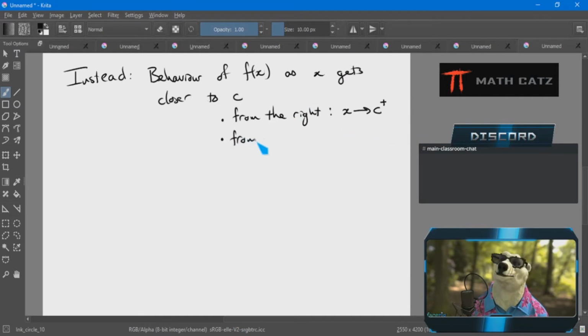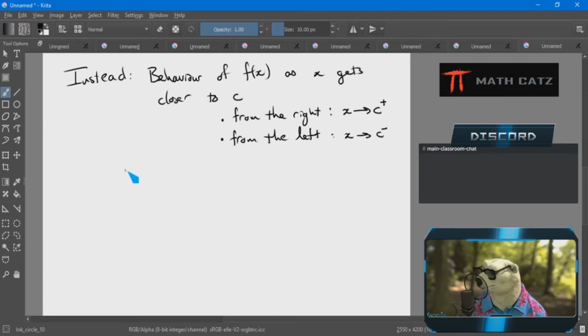And of course, then I can ask about the left side as well. So I'm just doing half of the requirement. And I'll put a little minus sign there at the top to indicate that I might be coming from the left side.